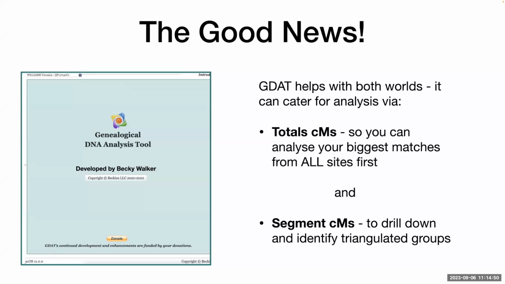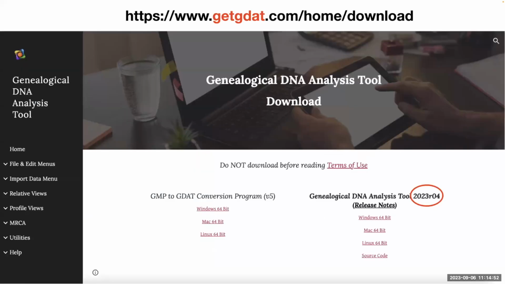the total centimorgan side and the segment analysis side. So what you've got to do first of all is download the software, and that's the address at the top of the screen to download the tool, and it's available for Windows and Mac and Linux if anyone's using that. And you can see there that we're up to 2023 release 4. It's pretty simple to download it. You just click on those links.